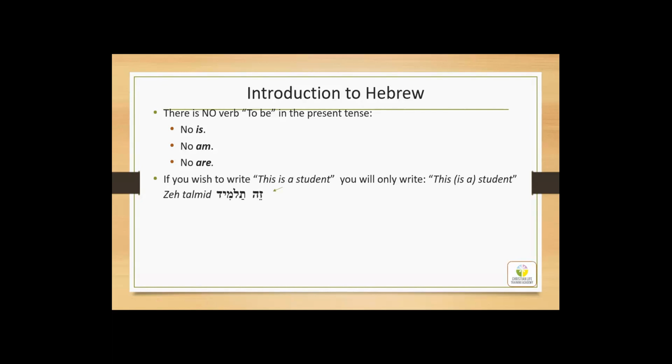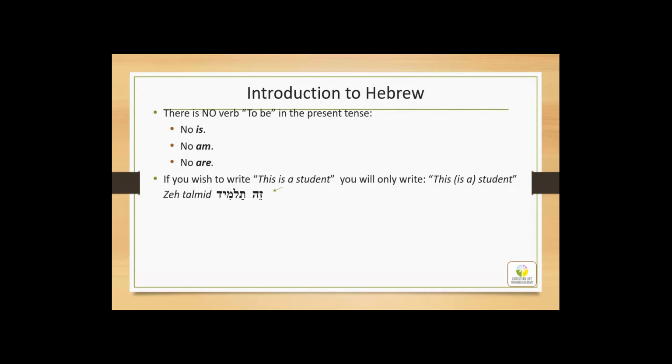And when I translate it into English, I'm going to write it out as this is a student. I'm going to put in the is a student. Okay, so please take note of that. Just read it a couple of times and get used to that.